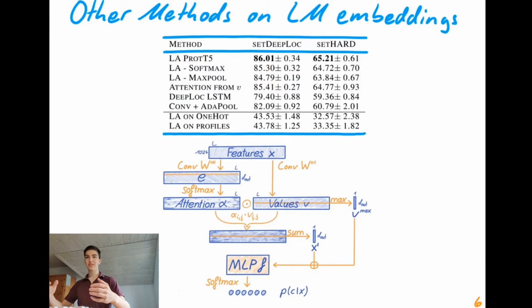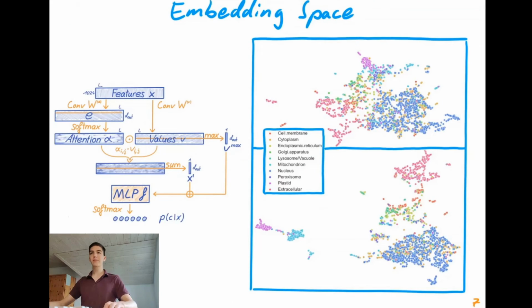So to operate on the language model embeddings, we really need an architecture that is not very expressive itself, but light attention is still able to look at every position in the sequence, and it can assign the right attention to each position in the sequence to efficiently aggregate all of that information and make good downstream predictions.